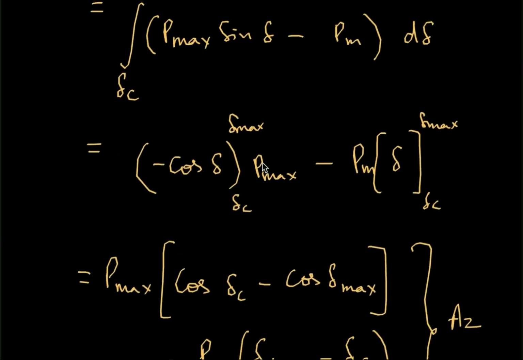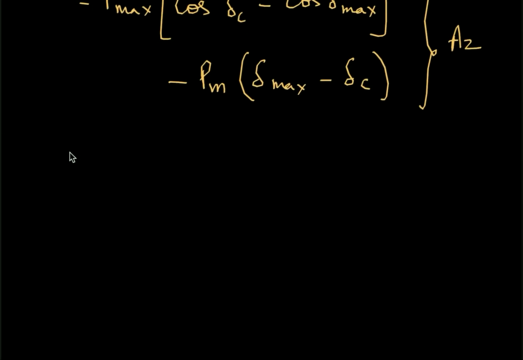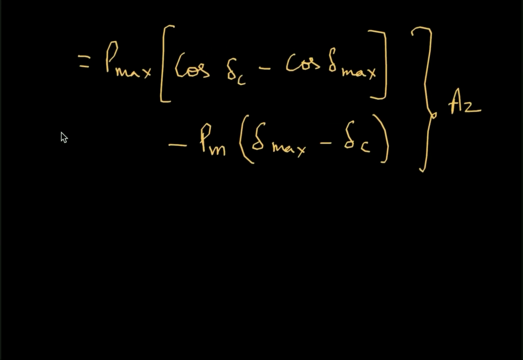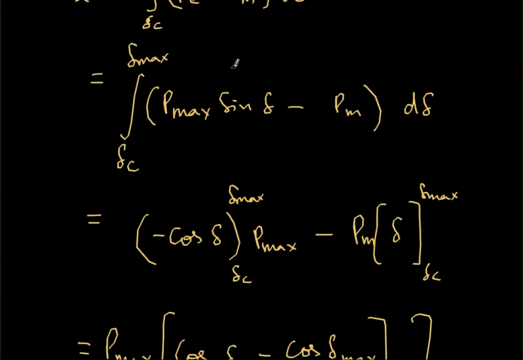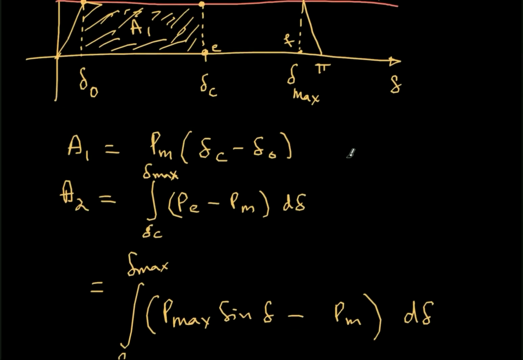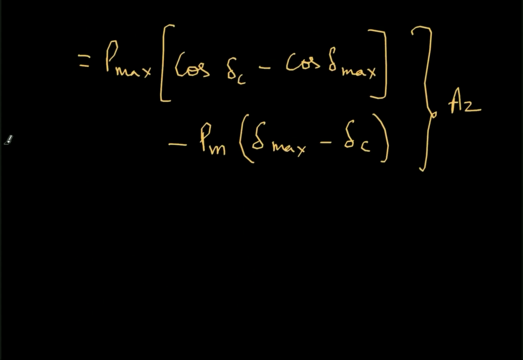Now if I look at A1, and I want to equate this to A2, so A1 is here, PM into delta C minus delta naught. From these two, I can actually cancel out this term.